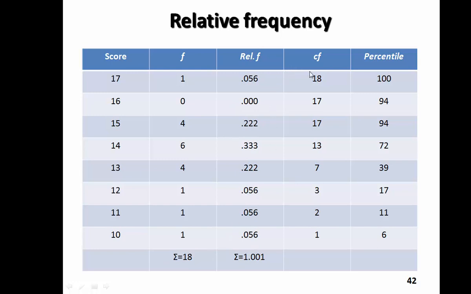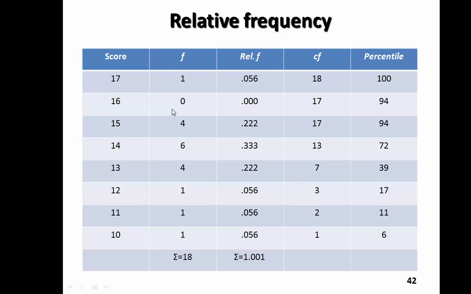The next column is the cumulative frequency, which we actually start to count from the bottom of the table upwards. And then the last column to the right is the percentile, or the percent at which a particular score resides, and all the other scores that reside below that particular score.